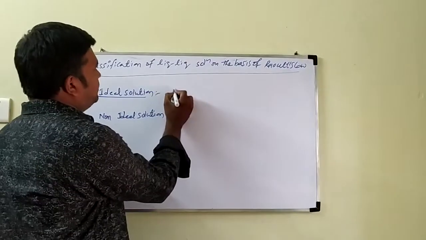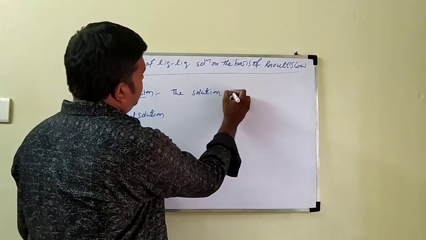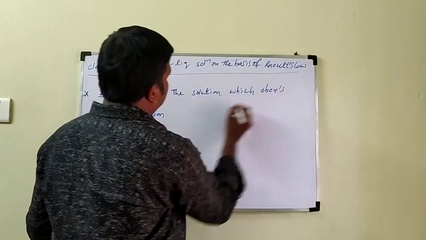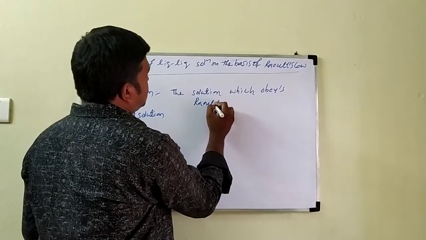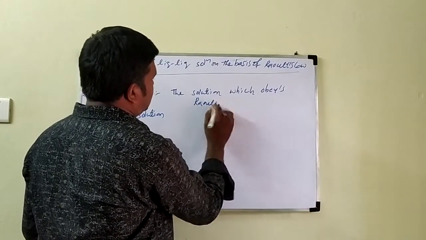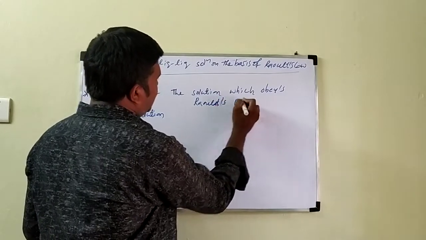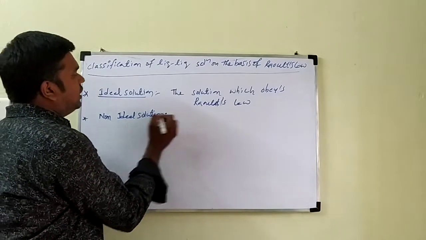The solution which obeys Raoult's law is called an ideal solution. What is a non-ideal solution?